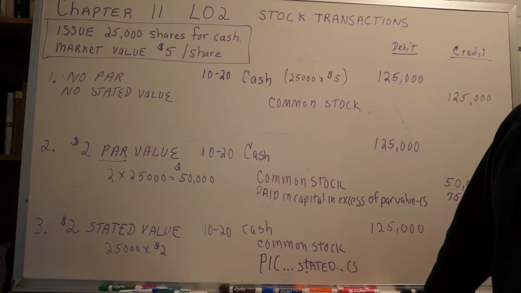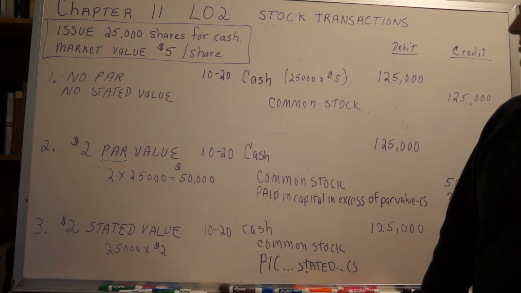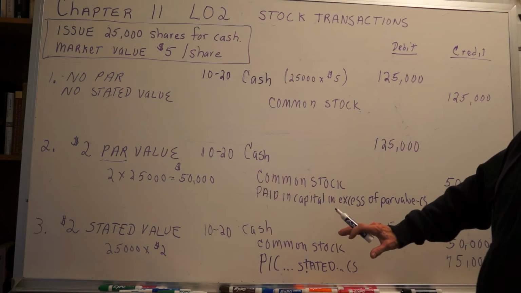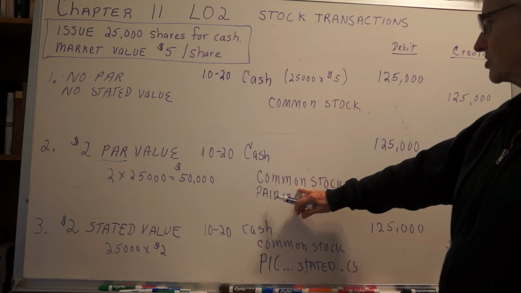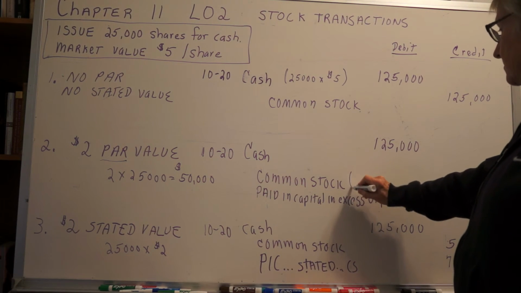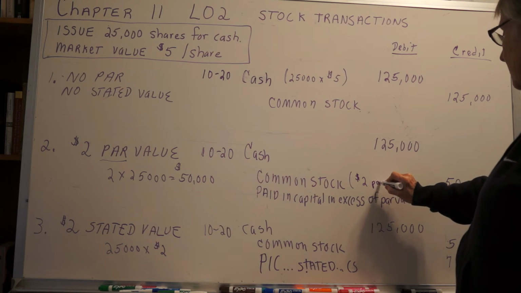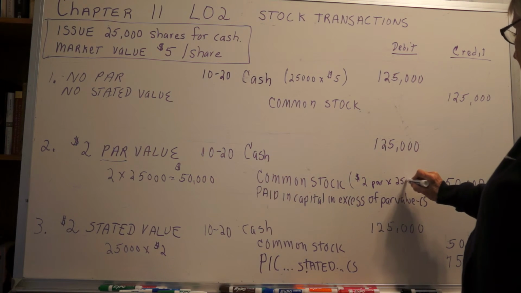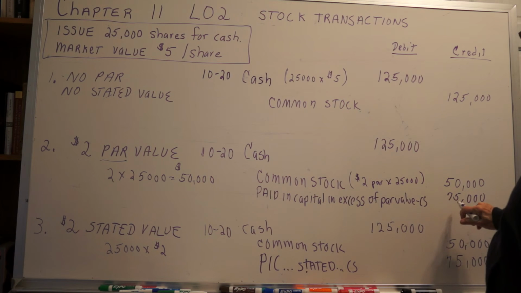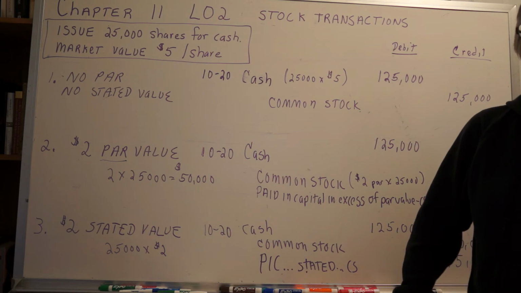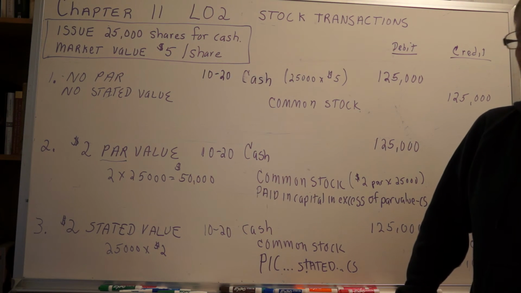Then the rest of the journal entry, if there is par or stated value involved, is just assigning a certain amount to the common stock, the $2 par or stated, in this case par, times the number of shares issued. And then the rest is in the paid-in capital in excess of par account.